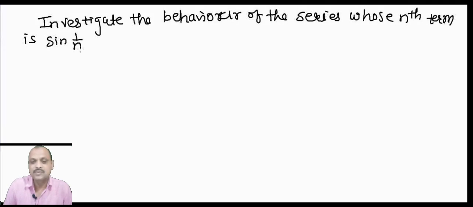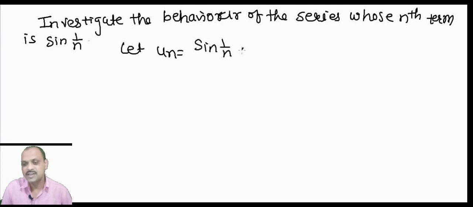So what is given here is un equal to sine 1 by n, and we consider Vn equal to 1 by n.